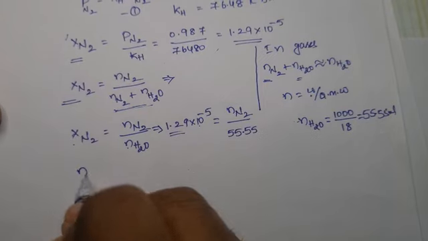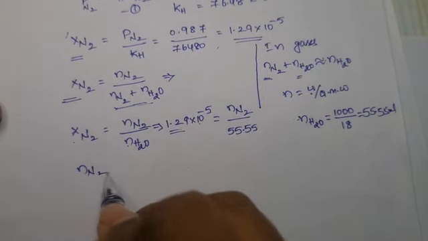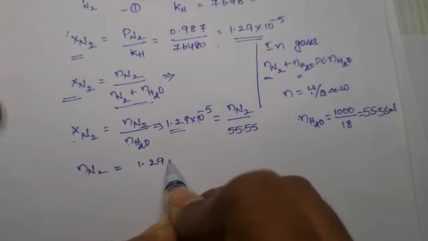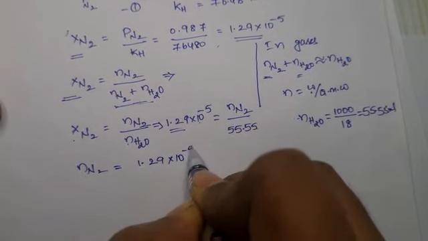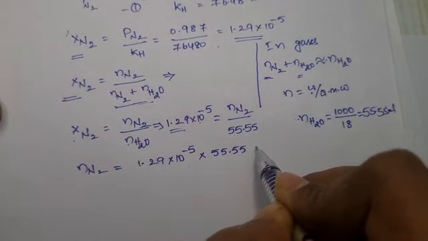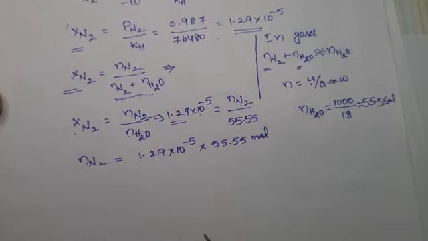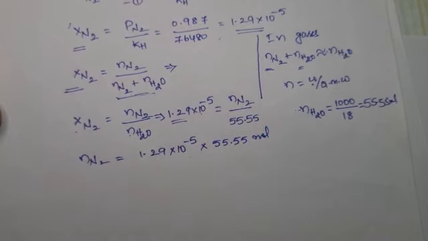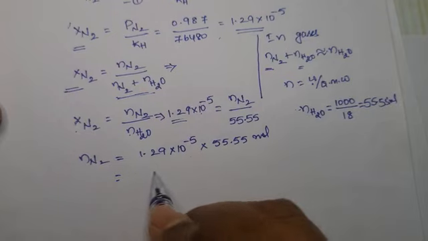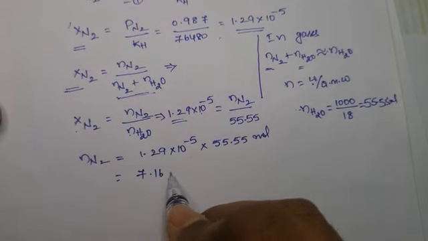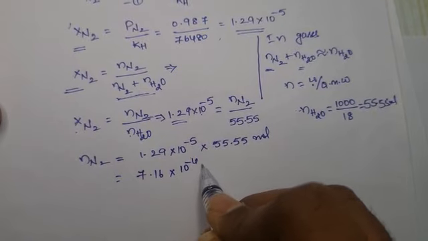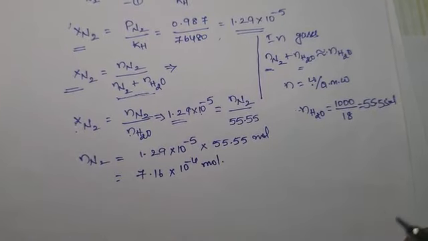If you calculate, number of moles of N2 equals 1.29 into 10 to the power of minus 5 into 55.55 moles. If you multiply, the answer is approximately 7.16 into 10 to the power of minus 4 mole.